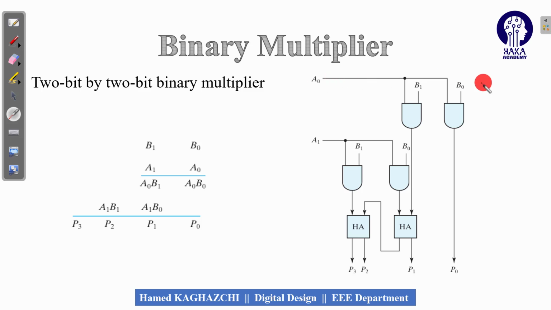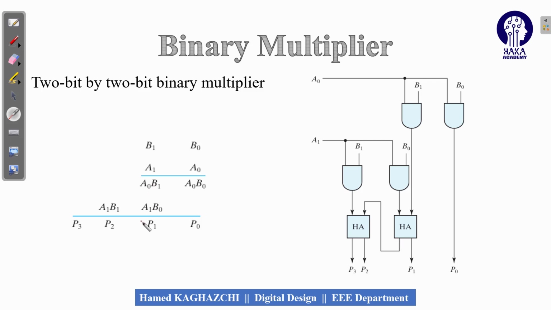So as a result, we can draw this circuit to produce the multiplication of these two numbers. From here, a0 and b0 come directly to produce p0, like this one. And also a0 b1 is added to a1 b0 using the half adder. Why? Because we have 2 bits here, 1 bit, second bit. Using the half adder, we can produce p1. And for adding these 2 bits, maybe we can have a carry.